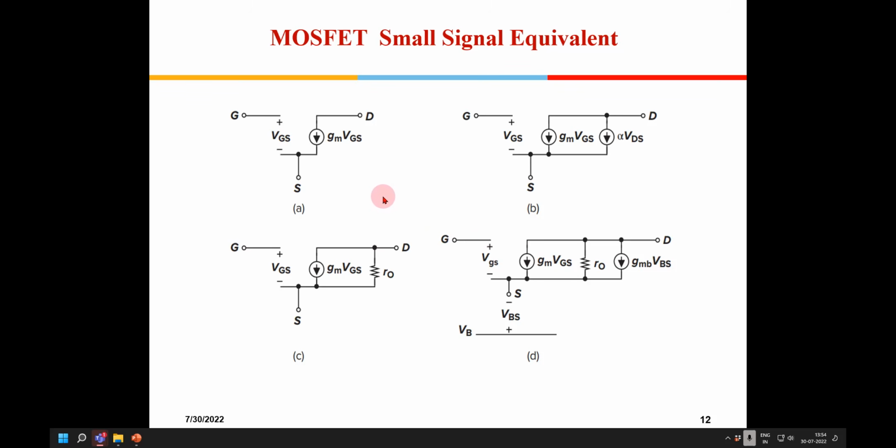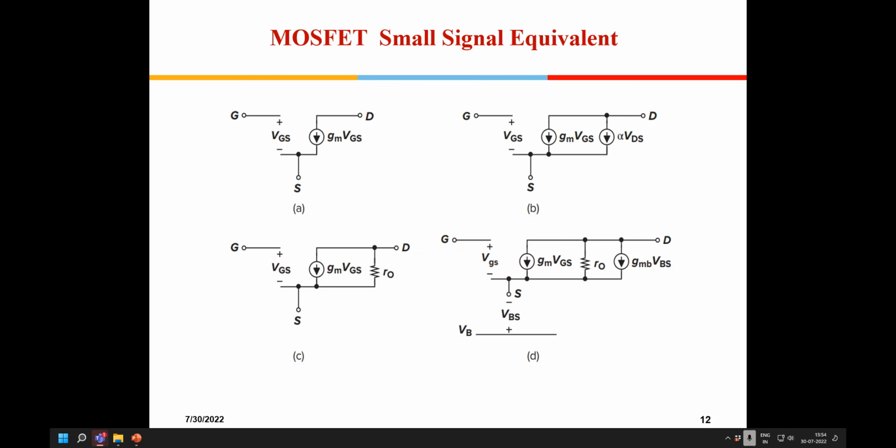If you are taking a MOSFET, a discrete component, the length is fixed, so r0 gets fixed there. When you are talking about VLSI design, L is a variable for you, so you can change the value of r0 also. And sir, for large signals, where we will have the application in, let's say, discrete circuits, is the RDS on parameter exactly the same as r0, or is it a parallel combination?